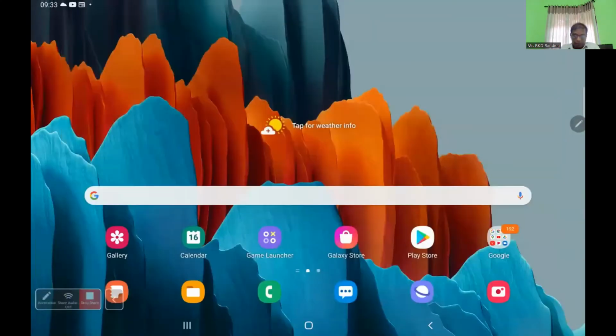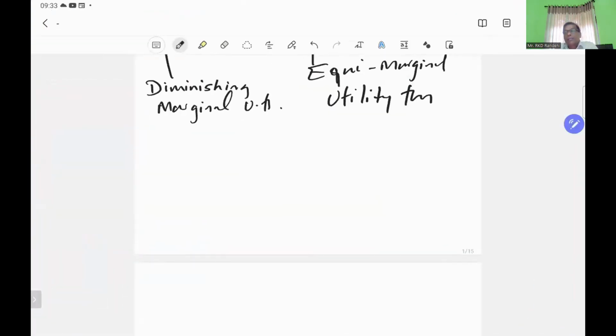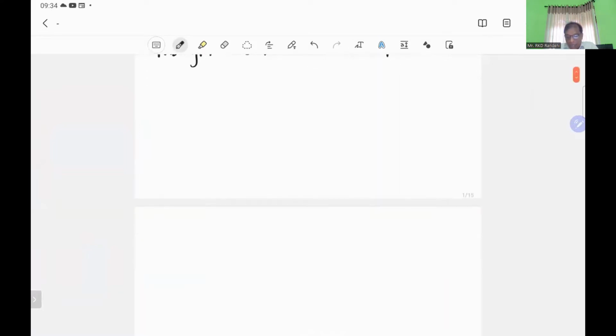Now you already studied demand theory. In the first session you discussed demand theory. Normally, the demand curve for a normal commodity goes left to right downward, with a negative slope.